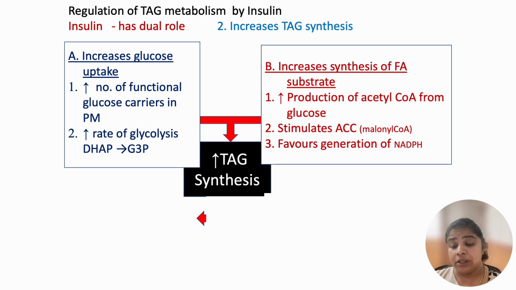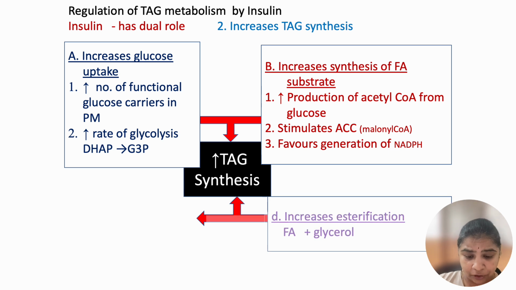And insulin also stimulates synthesis of fatty acids, that is, from acetyl-CoA, de novo synthesis of fatty acids. So, insulin is going to help formation of glycerol 3-phosphate as well as formation of the free fatty acids, so that both of them can be esterified to form triacylglycerol.